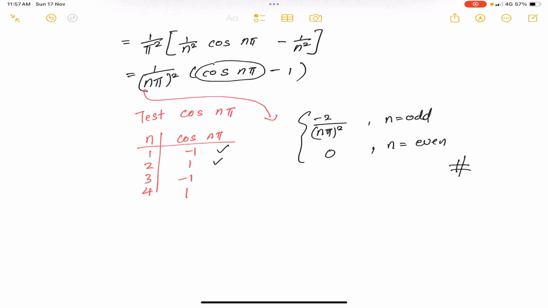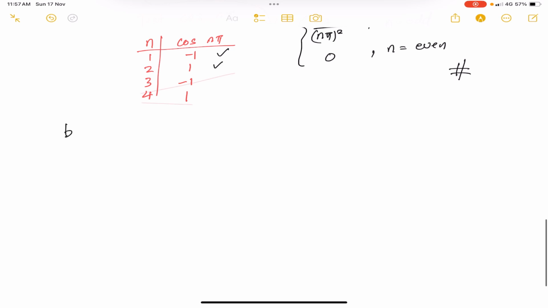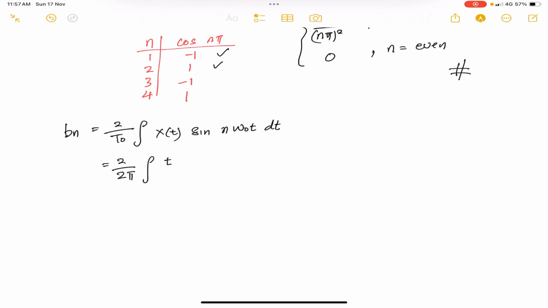Next, we can find the bn. So bn, the formula is 2 over t naught, integral of xt sine n omega naught t dt. So t naught is 2 pi, and xt is t over pi, the value from 0 to pi, and then multiply with sine nt dt.